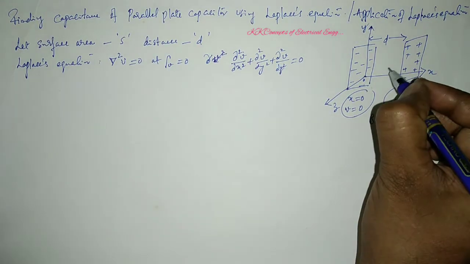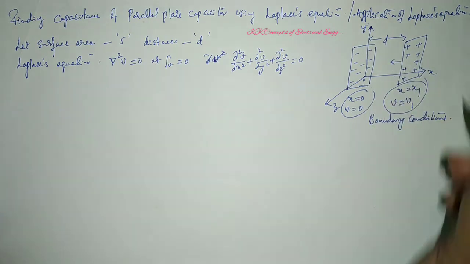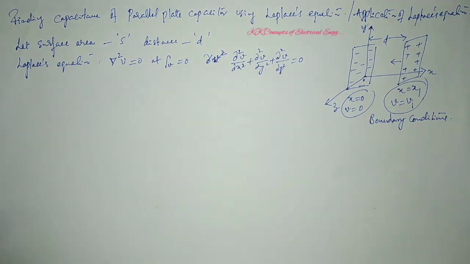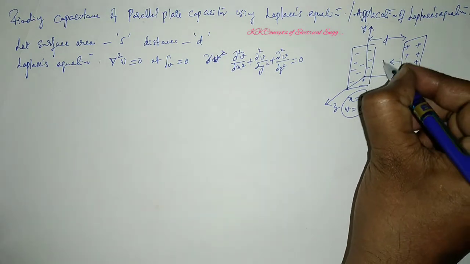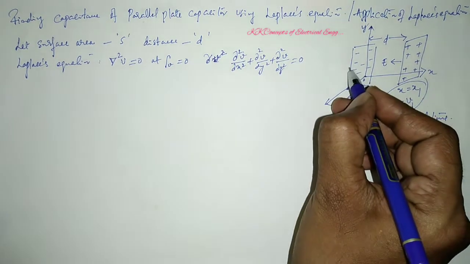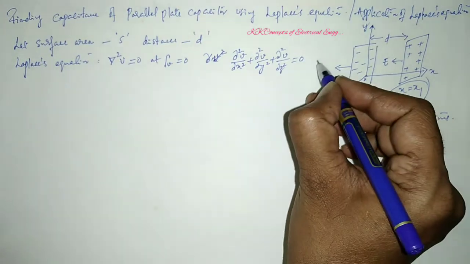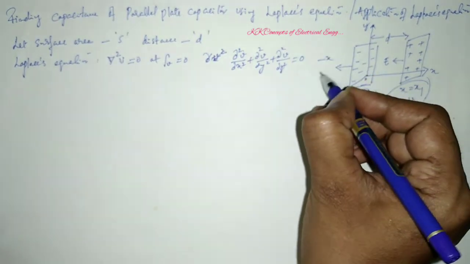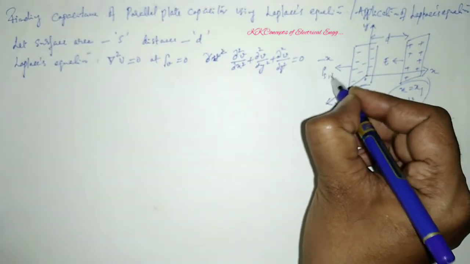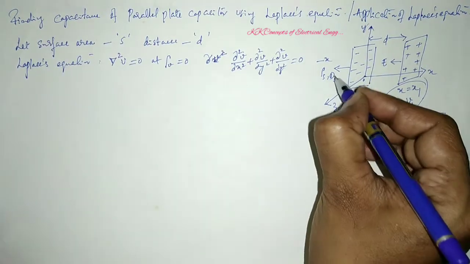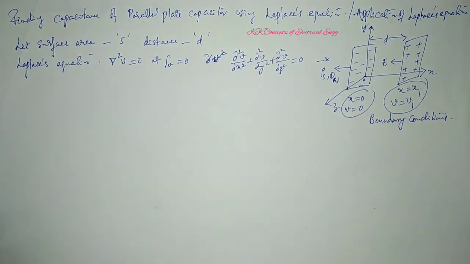Now from the figure, these two are on yz plane and the variation is on x plane, and this is electric field intensity coming towards this, then this is in minus x direction, that is rho s and ds or dn we can say, all are in negative x direction.